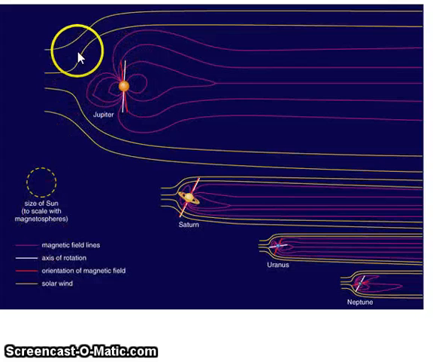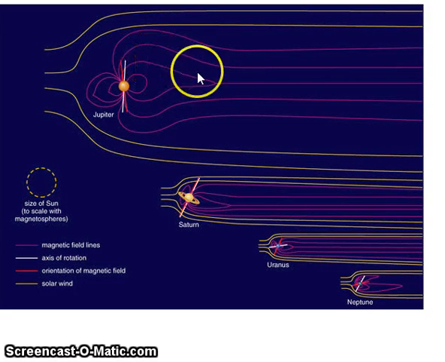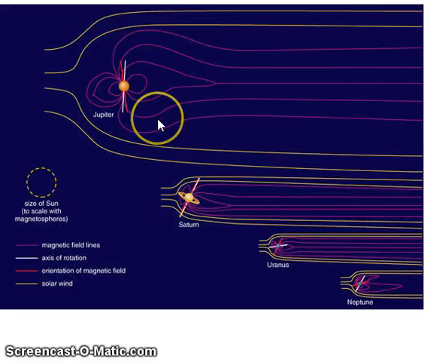And these yellow lines are the solar wind. The white axis is the axis of rotation. The purple are draftsman's artifice. They're magnetic field lines. They don't actually exist. They just show you which directions magnetic fields are going. And the red is the orientation of that magnetic field.